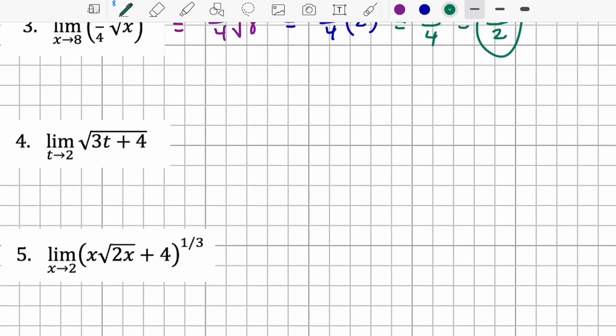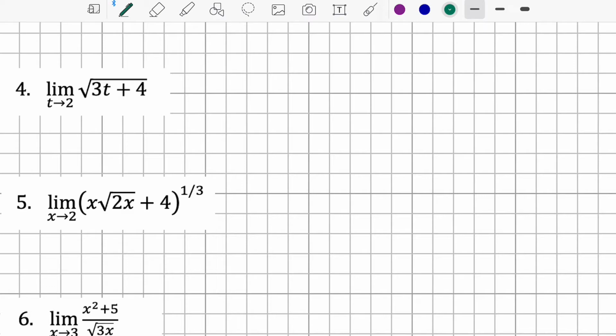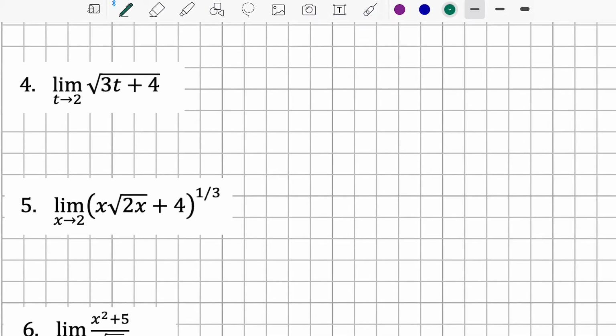Okay, number 4. Notice that this time we have a different variable, t, but that doesn't really matter. That's just a dummy variable. That's really what it's called. But we're going to evaluate the limit the same way. So let's go ahead and plug in the 2. So again, t is approaching 2. So let's get rid of the limit and then plug in the 2.